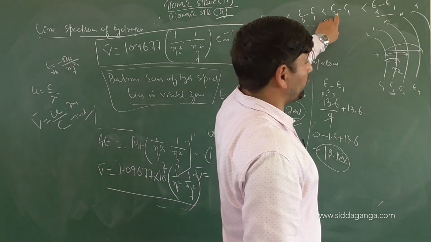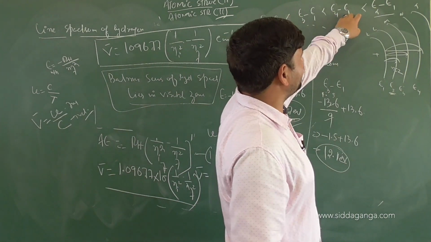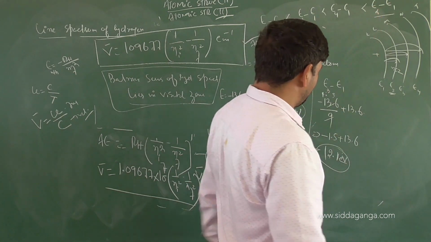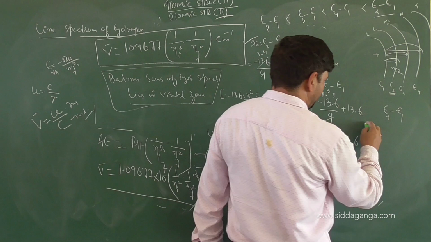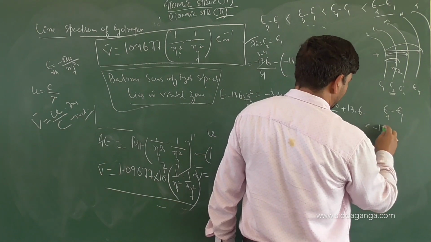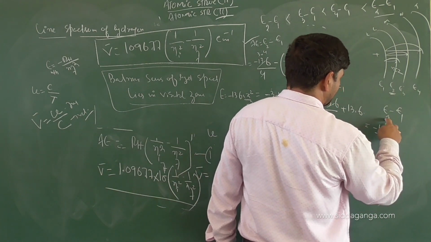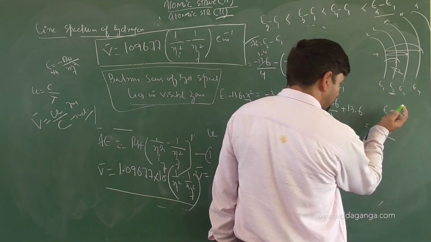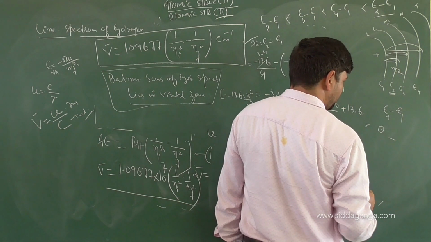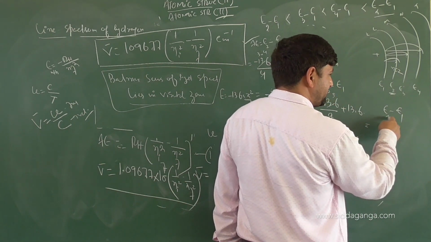Now next is E4. It will be divided by 16, and the value will further increase. Now when you look at infinity, E infinity minus E1 will be E infinity minus 13.6 divided by n square. What is n? Infinity. So this value will be 0 on the whole. Energy of an electron at infinite distance is 0.